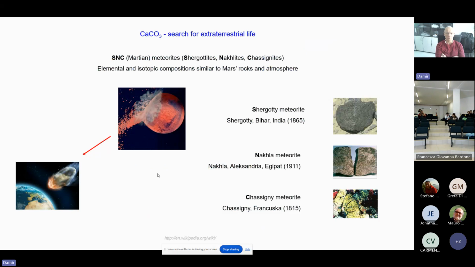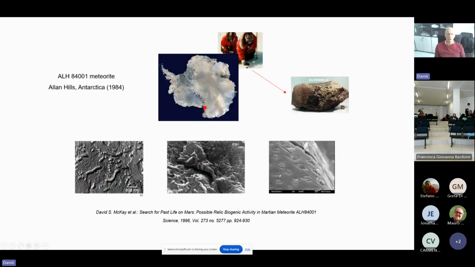Such meteorites were found in Antarctica as a result of a collision of Mars with some object, and detritus arrived to the Earth. Actually, on one of such meteorites was found calcium carbonate and some structures which resembled organic forms. So it may be that calcium carbonate will be a proxy for confirmation of running water on Mars.